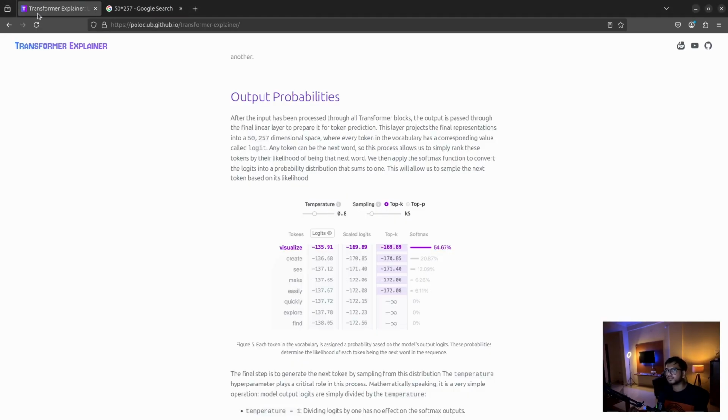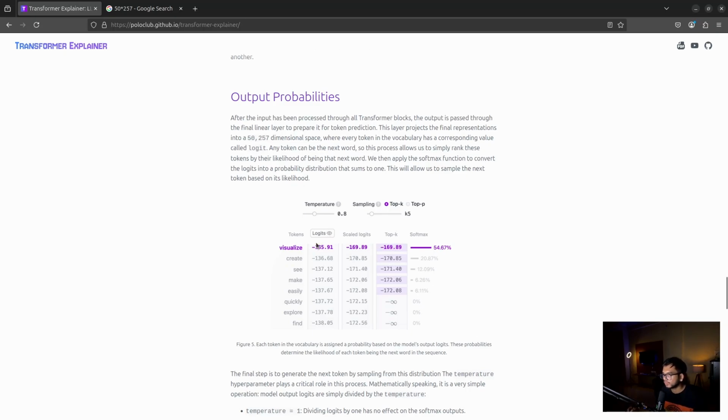Let's go back into this. Any token can be the next word. This process allows us to rank these tokens by their likelihood of being the next word. We then apply the softmax function to convert the logits into a probability distribution that sums to 1. This will allow us to sample the next token based on its likelihood.